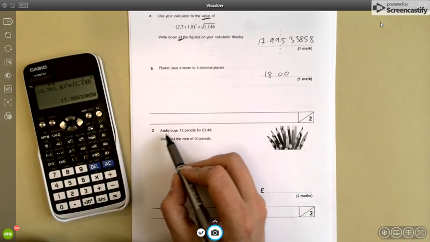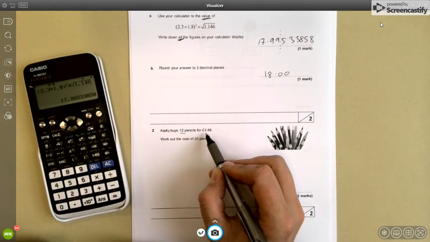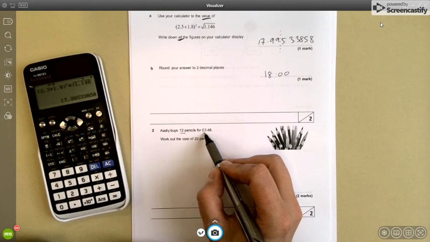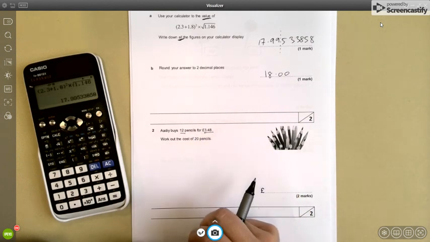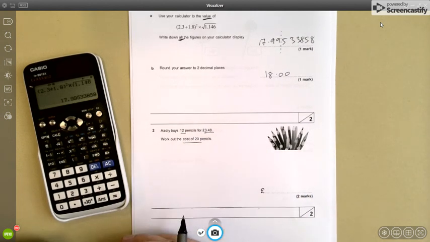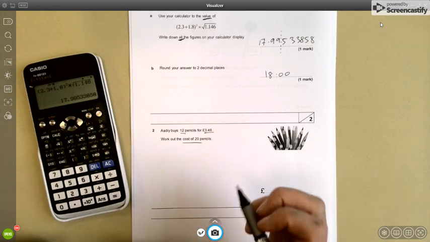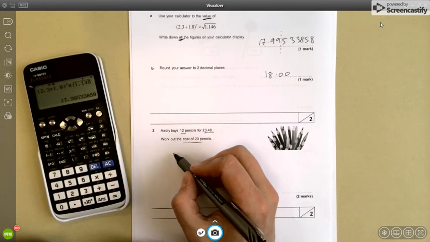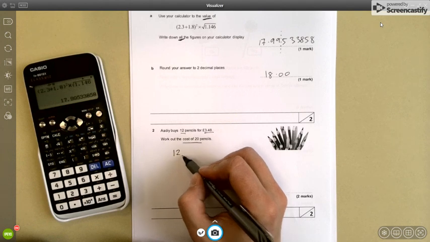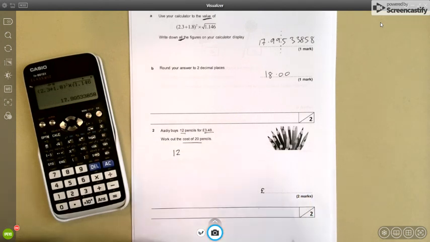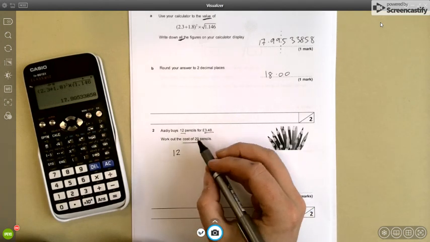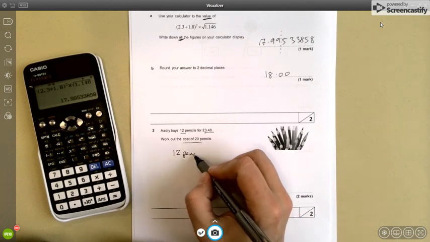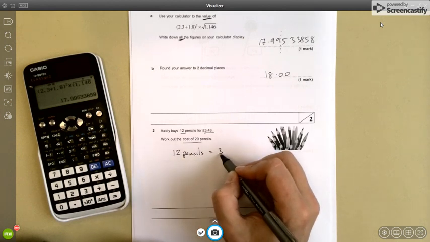So we scan through, we've got 12 pencils are £3.48. So we want the cost for 20. Let's just write down what we know. We know that 12 pencils is £3.48.